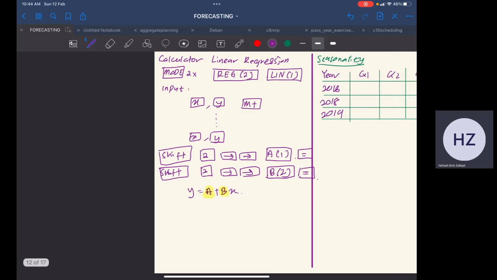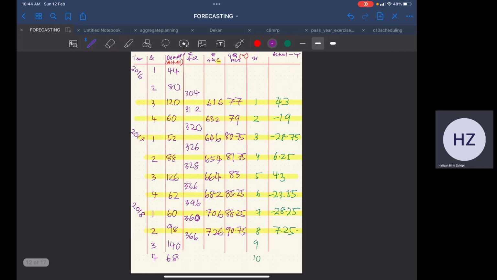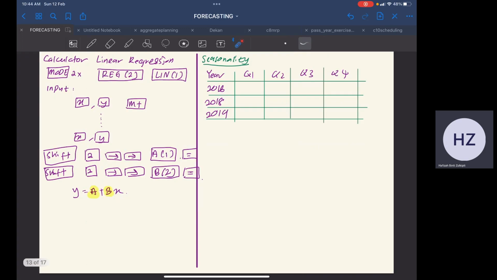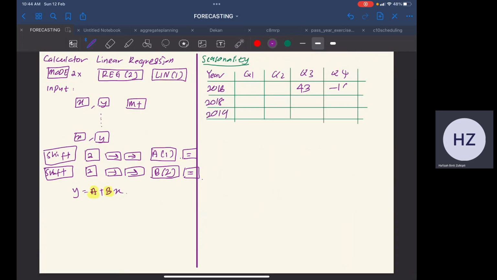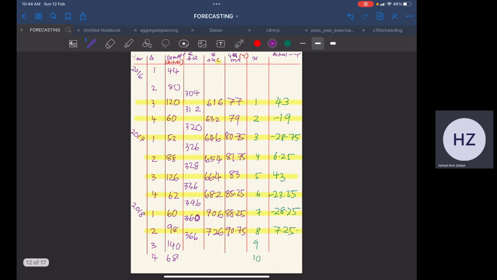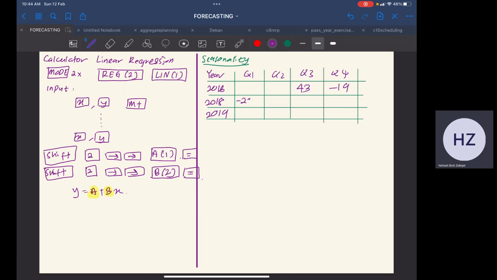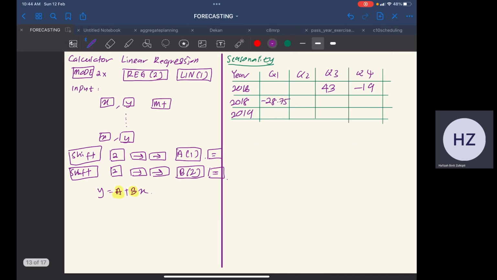So the value here, 43 starting. What quarter is 43? 43 is for quarter 3. So you need to fill up 43 at quarter 3 here. And then the next value is negative 19. And then negative 28.75.